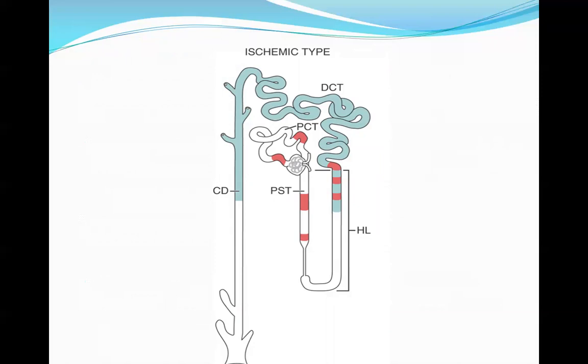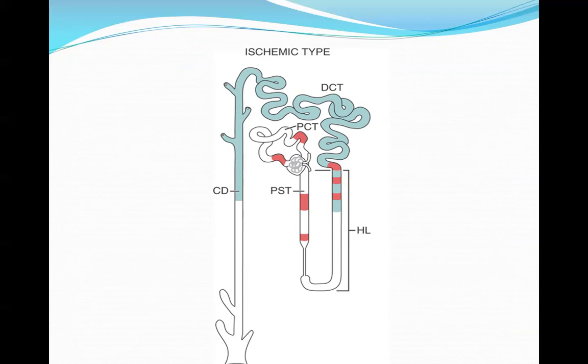Now, this is how you see it in the ischemic one. So this is glomerulus. There is injury, then this is normal. This is injury, this is normal. This is injury, this is normal. Again, this is injury, and then this blue is basically cast, which is mixed with injury and normal. Clear? Why is it not seen here?